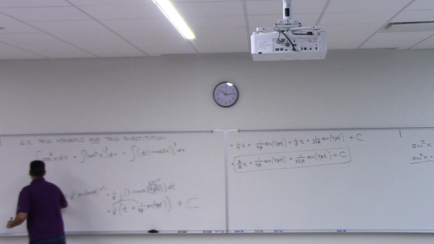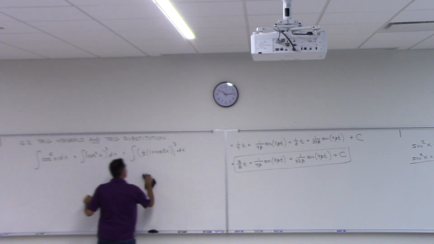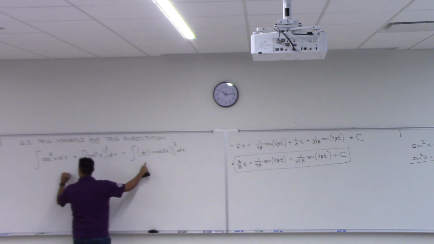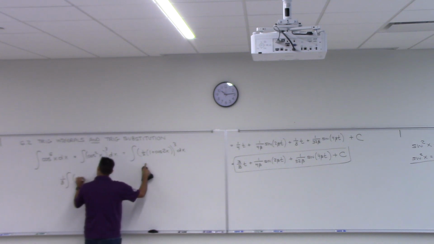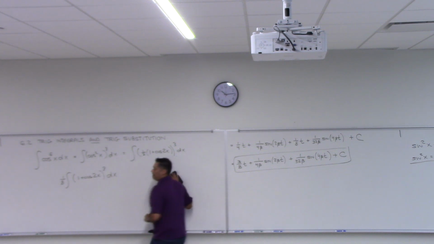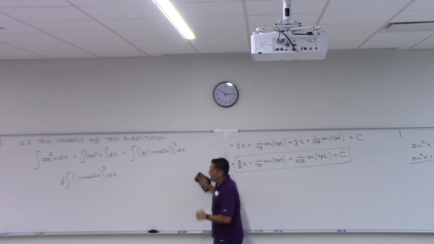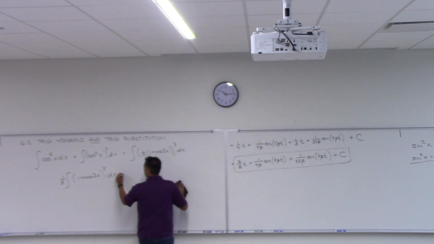When I cube the 1/2, it would become 1/8. I could bring the 1/8 out of the integral, and then I'd have to do the integral of (1 plus cosine of 2x) cubed dx, right? Then I have to cube that. Anyone know what I get when I cube that?